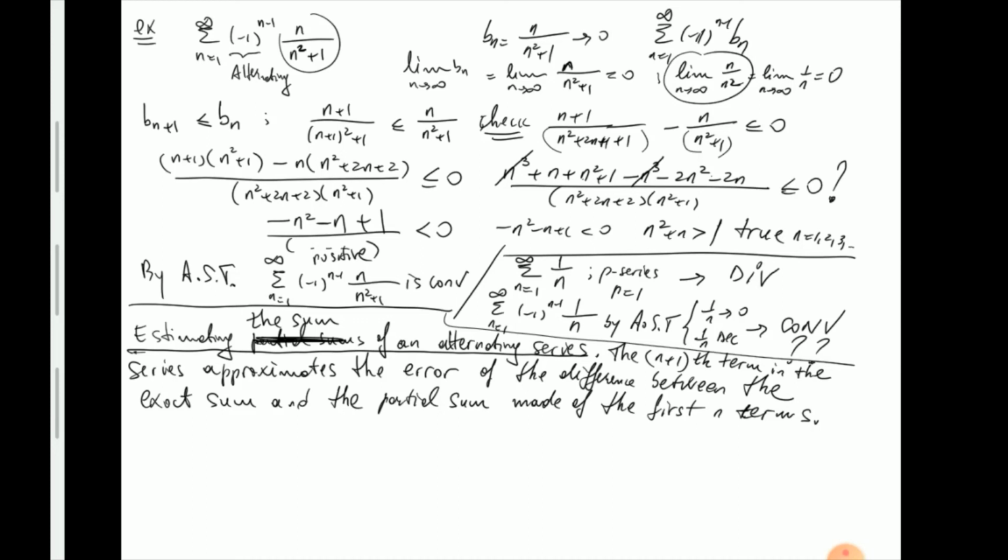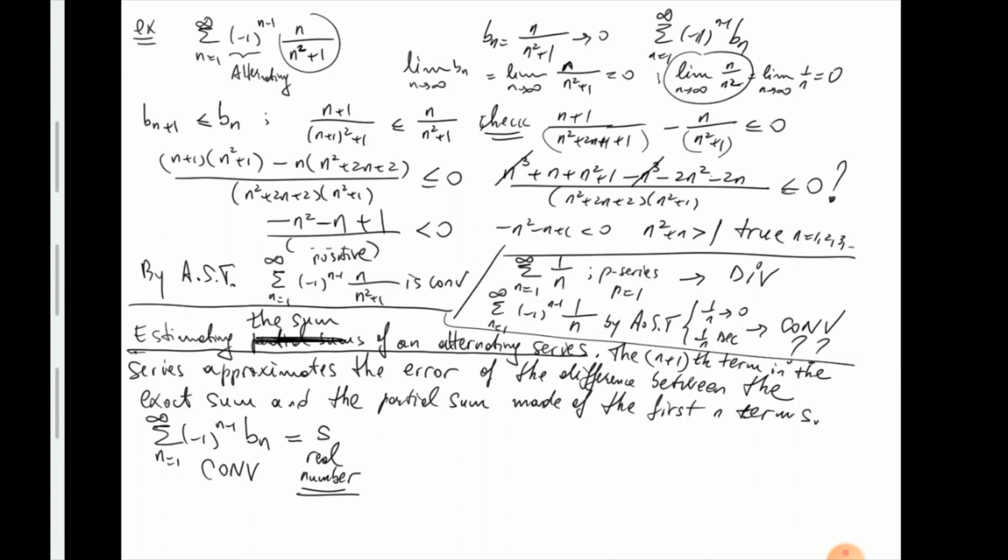So let's write formally what I mean by this. If you have, let's say, an alternating series and suppose it is convergent, which means this is equal to some real number s, right? The limit of the partial sum.